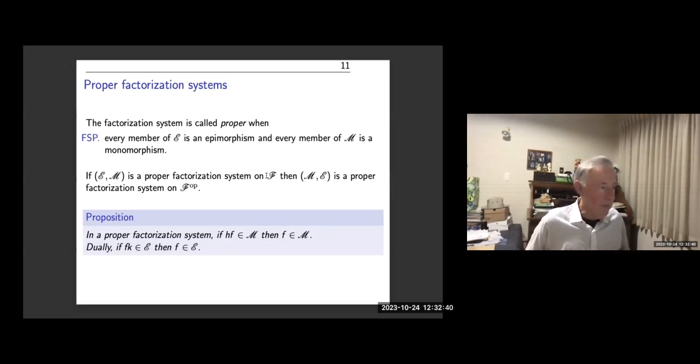And the main property I need is like the property for monomorphisms and epimorphisms, or injective and surjective maps, that if HF is in M, then F is in M. And dually, if FK is in E, then the second thing is in E.